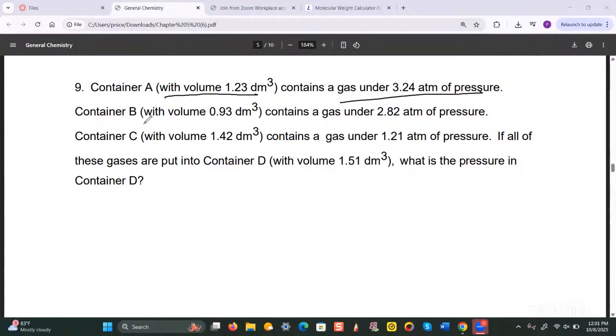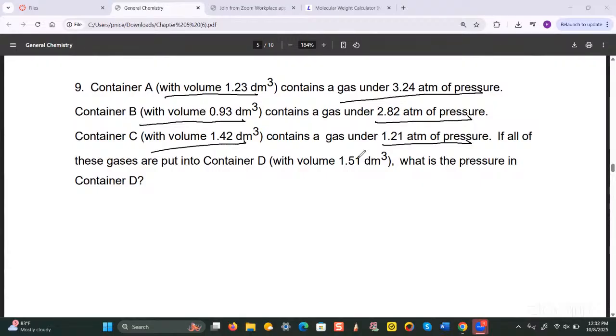In container B, the volume is 0.93 decimeters cube, and the pressure of that gas is 2.82 atmospheres. In container C, the volume is 1.42 decimeters cube, and the pressure of that gas is 1.21 atmospheres. And then the question says, if all these gases are put into container D, and the volume of that container is 1.51 decimeters cube, what is the pressure in container D?